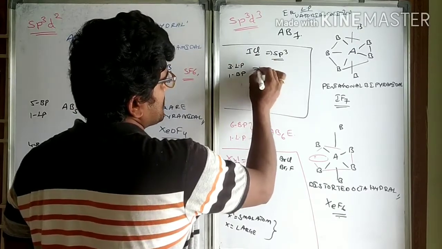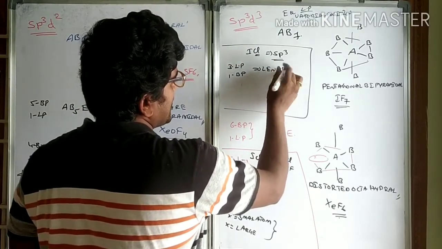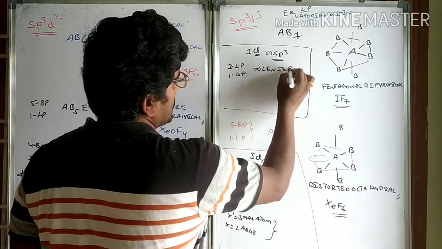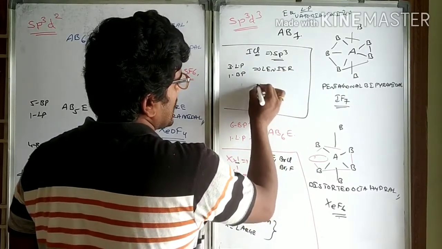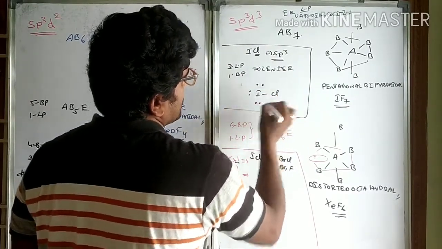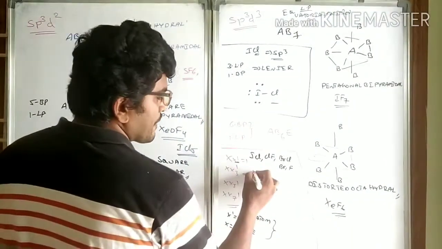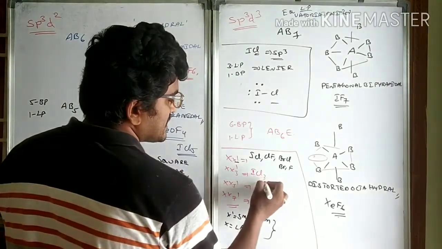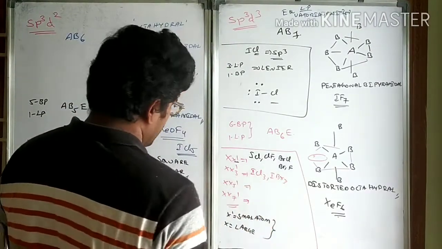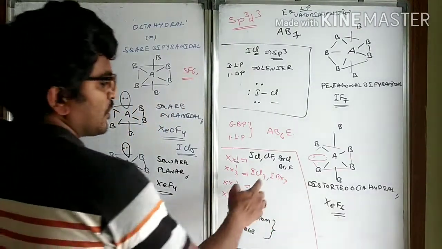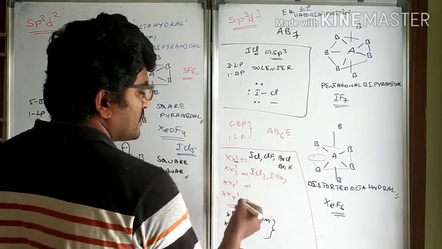Chlorine is bonded, so it is the bond pair. Hence it is a linear molecule. Iodine will be like this, chlorine like this, and 3 lone pairs will be present. And XX3' means you can have ICl3 or IBr3, with 3 bond pairs and 2 lone pairs, and they will have T shape.